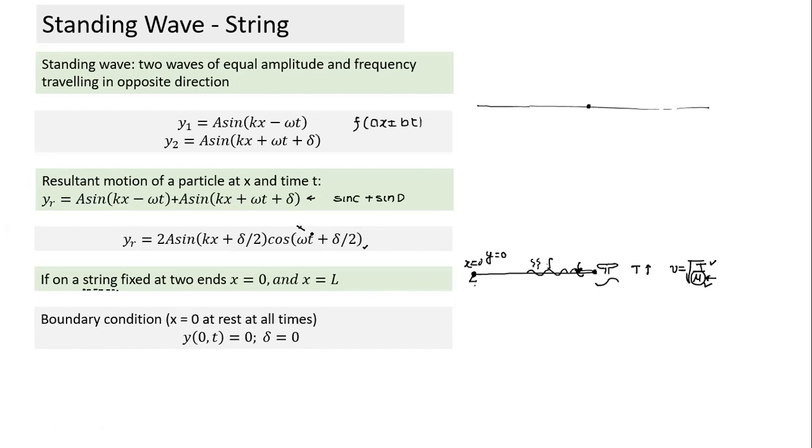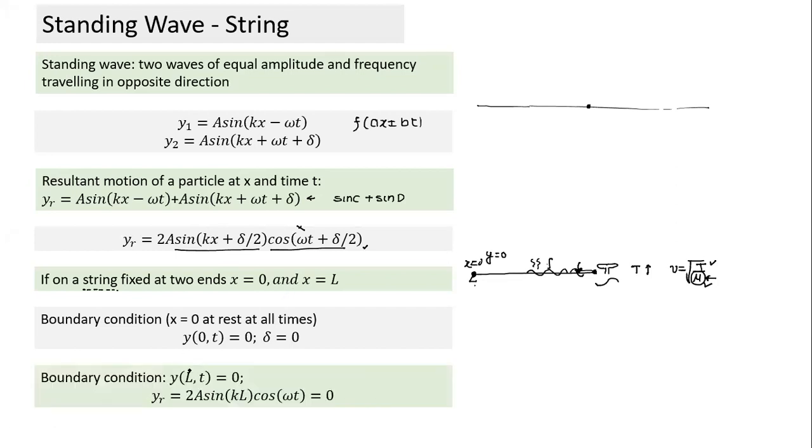Y will be 0 at all values of time. For different values of time, the time term cannot be 0, so this term has to be 0. For this term to be 0, if I put x is equal to 0, sine delta by 2 has to be equal to 0. That is possible only when delta is equal to 0. Delta becomes 0.